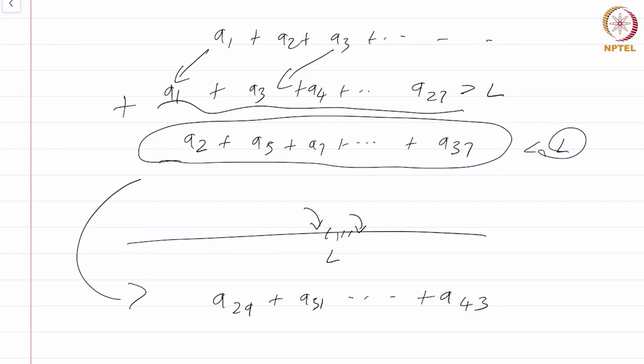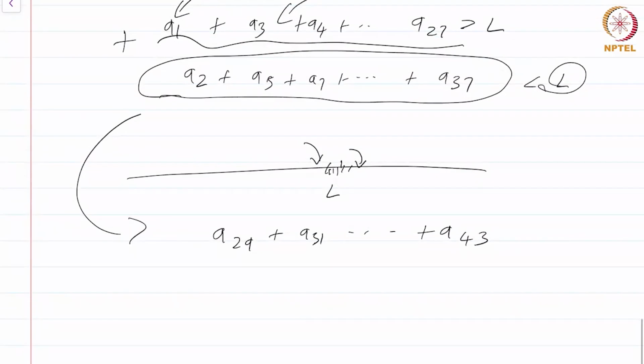And what should happen now? It should start increasing because I'm adding positive numbers, till it just crosses over L again. Now repeat this process. Keep adding positive terms till you just cross L, then keep adding negative terms till you just cross L again from the other side.